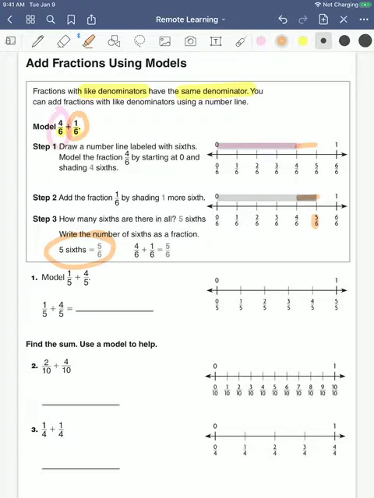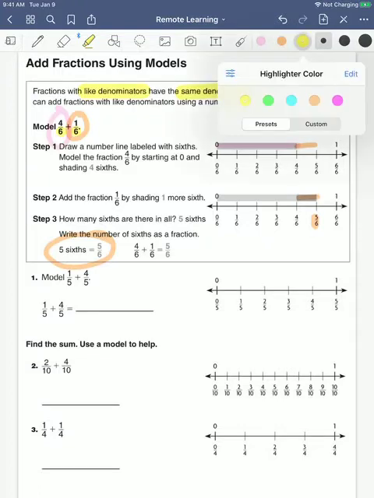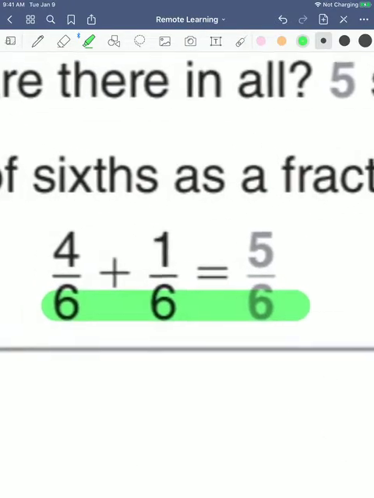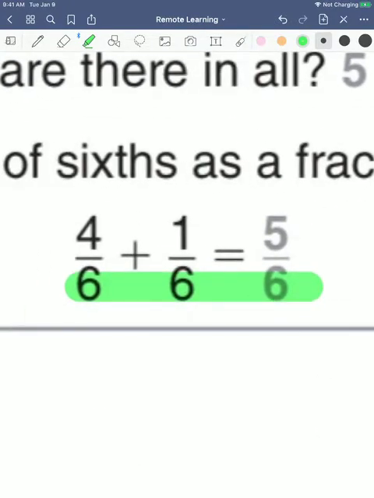What's really important here is to notice this pattern. I'm going to pick another color to highlight with. But I see all along here, what do you notice about my denominator? Here it's 6, here it's 6, here it's 6. The denominator stays the same.